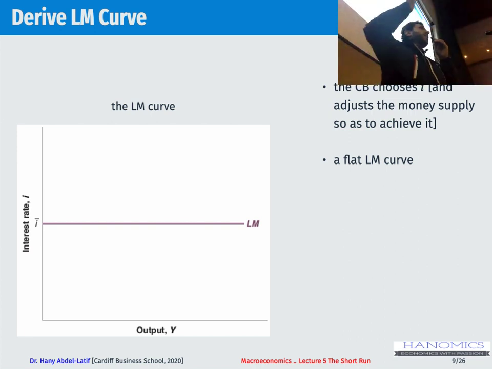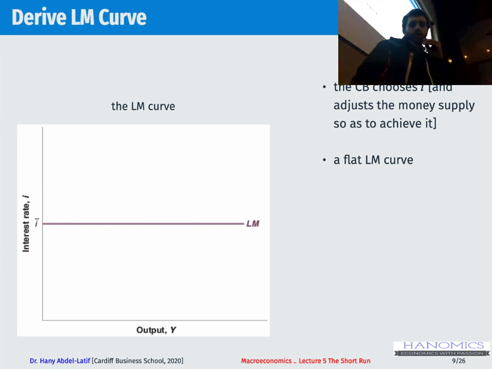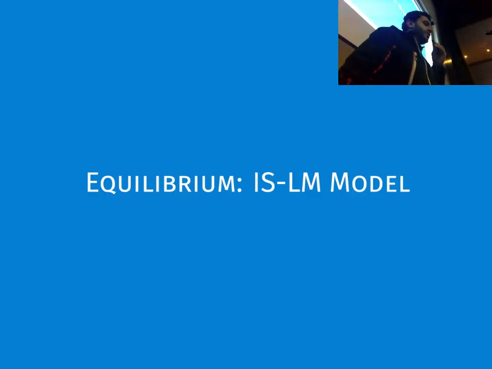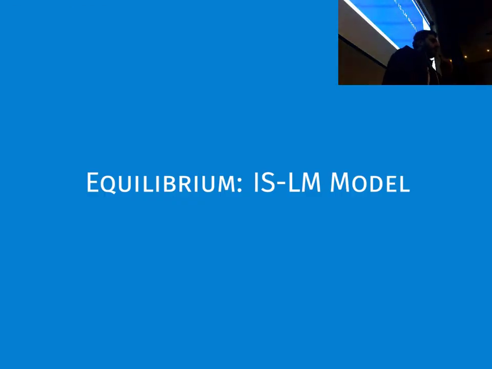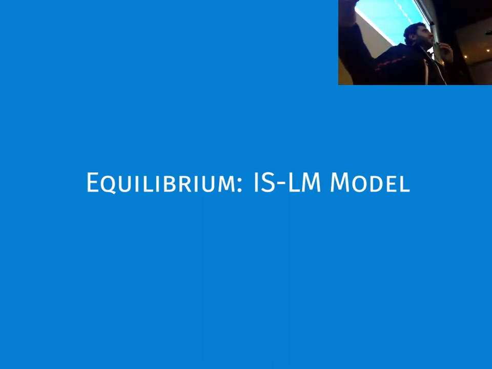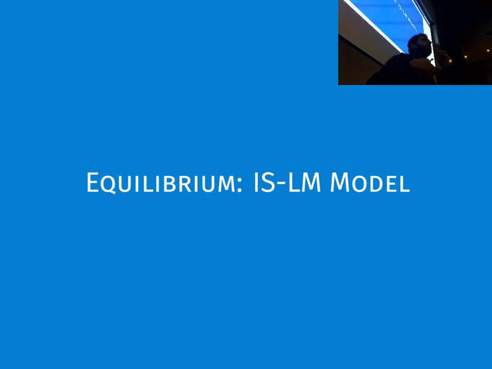So again, we have i on the vertical axis and Y on the horizontal axis. What we need to do now is to think about equilibrium. In the IS-LM model, we combine both markets, the goods market and the money market, or financial markets.